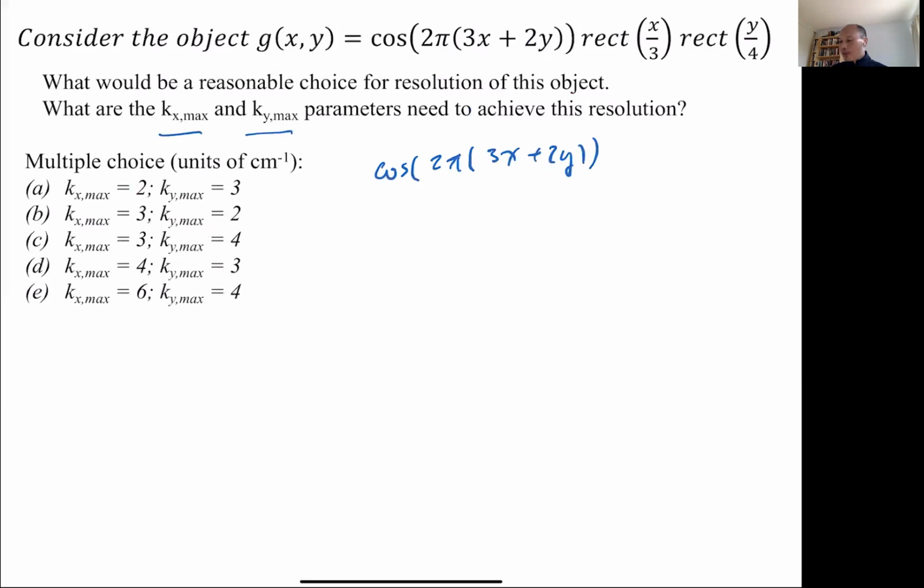In the x direction, the frequency here is basically kx equals 3, and the frequency here is ky equals 2. All right, so let's draw out the x direction. If I think about, for example, a cosine, this has a period of 1/3, right?